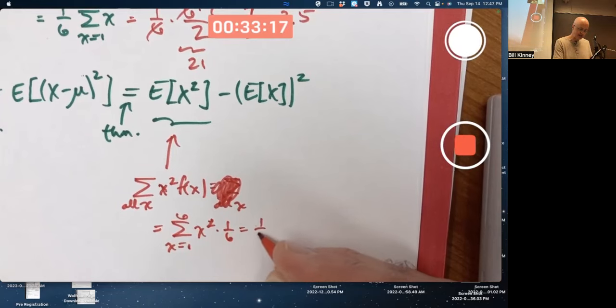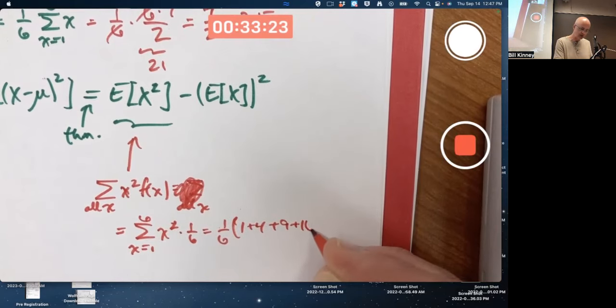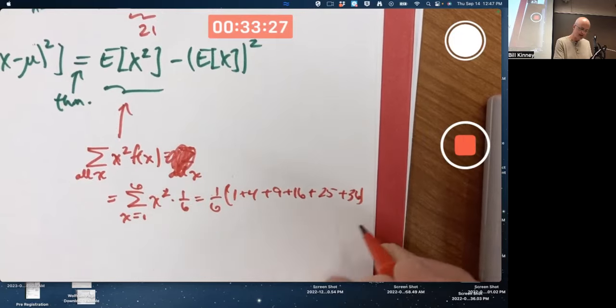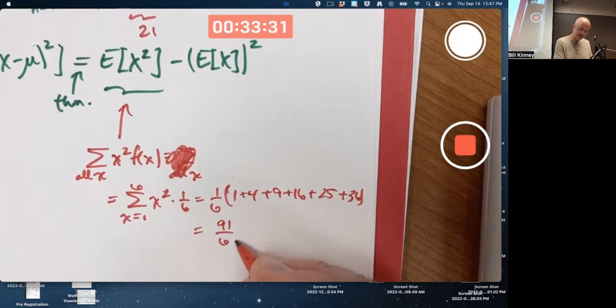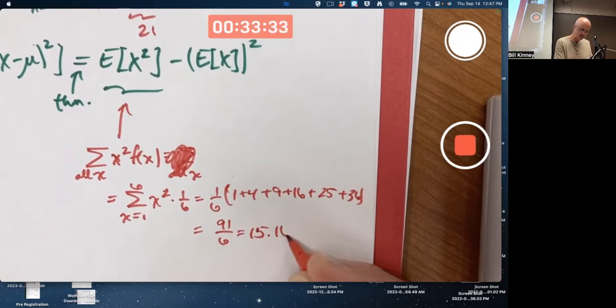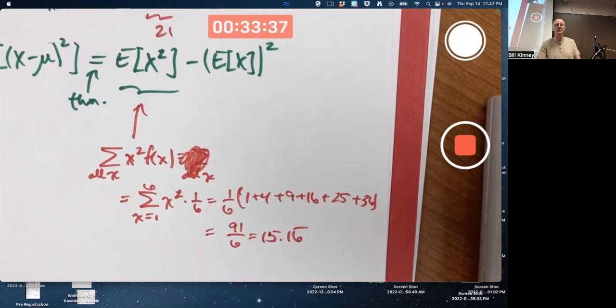That'll be 1/6 times 1 plus 4 plus 9 plus 16 plus 25 plus 36. If I plug those in my calculator right, that was 91 over 6. That's 15.16 repeating. 15 1/6.